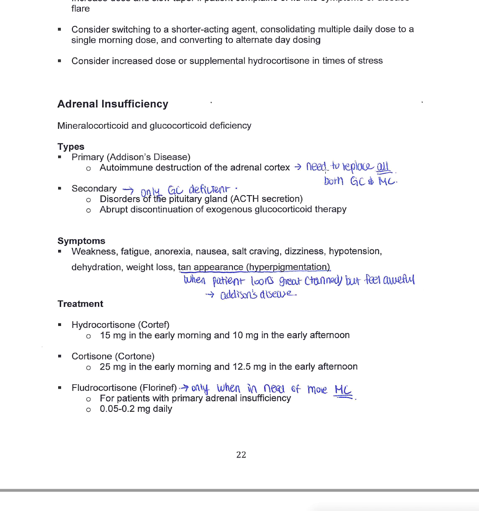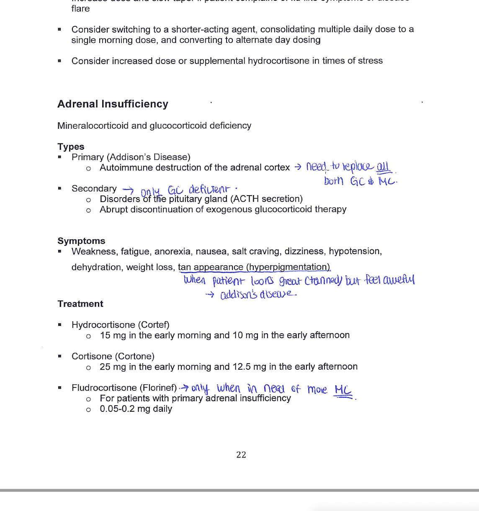However, for secondary, usually it can be from a disorder within the HPA axis. It can be either the pituitary gland or hypothalamus that has something to do with it and does not give a signal to the adrenal cortex, or the majority of cases are from abrupt discontinuation of exogenous glucocorticoid therapy.